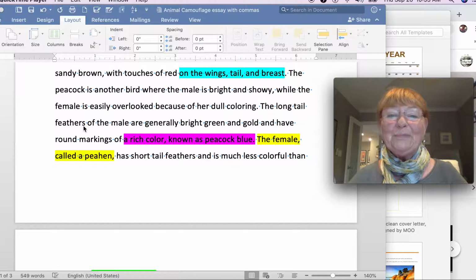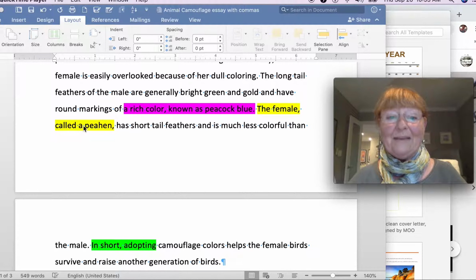In blue, they are sandy brown with touches of red on the wings, comma, tail, comma, and breast. That's another example of a comma in lists. We have three things: wings, tail, and breast, and we separate them with commas after the first one, after the second one in front of the word and, and that's it.